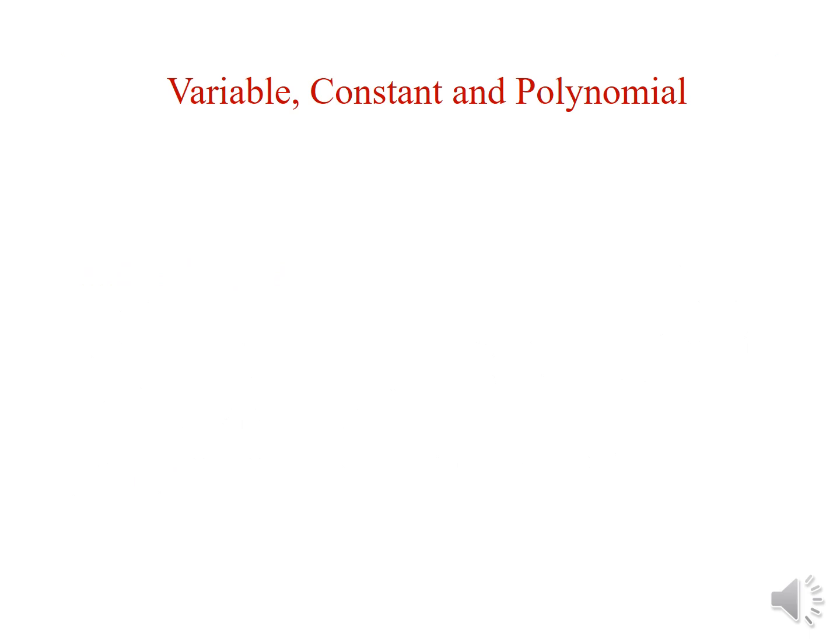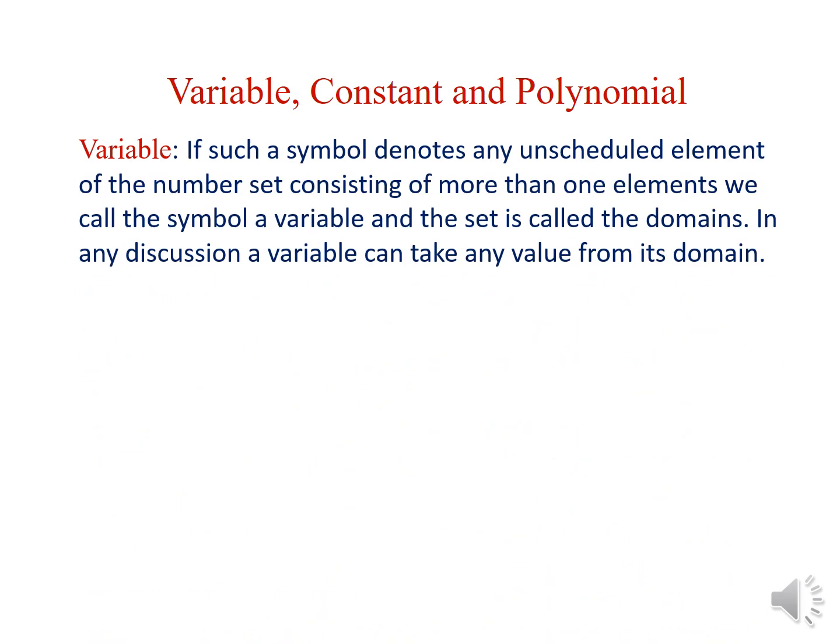Now we want to know what is variable, constant, and polynomial. At first, variable. If the value of a symbol is more than one, then it is called a variable, and the set of all values of the symbol is called the domain of that variable.